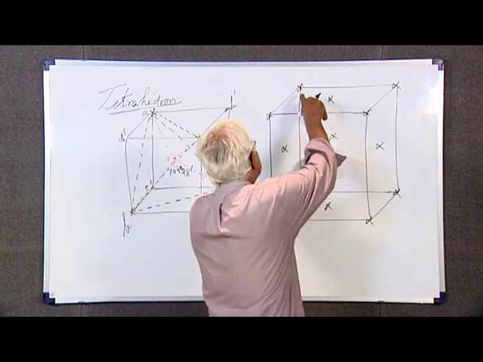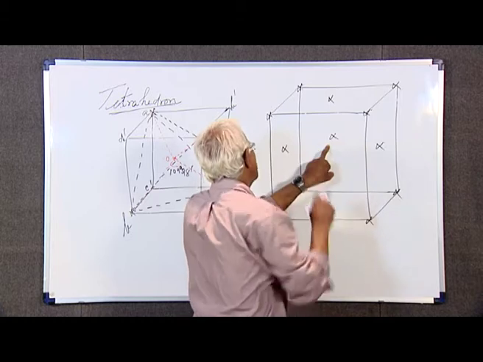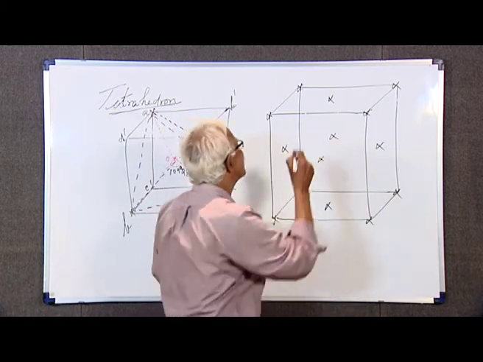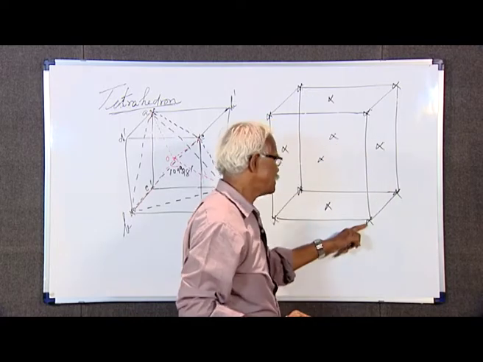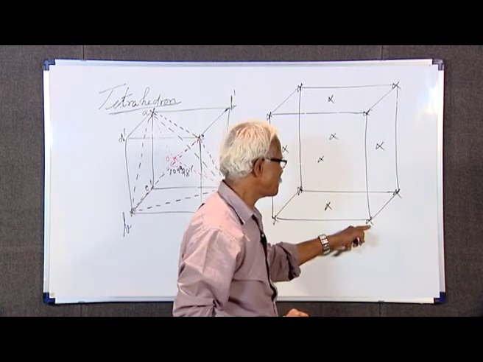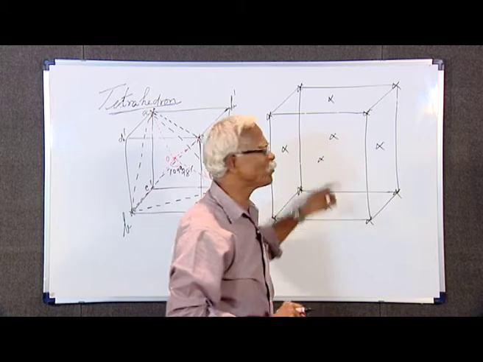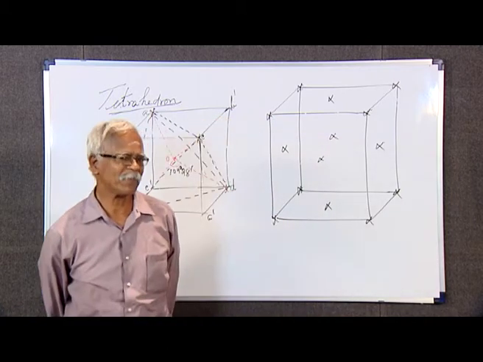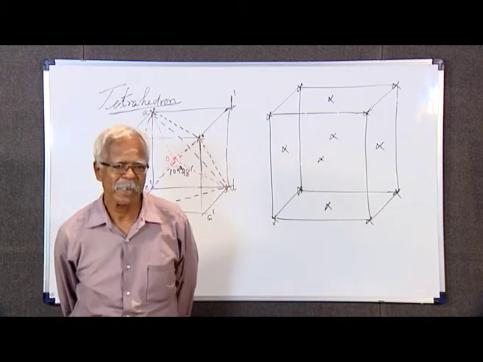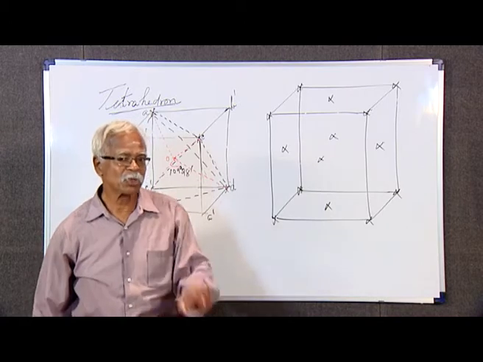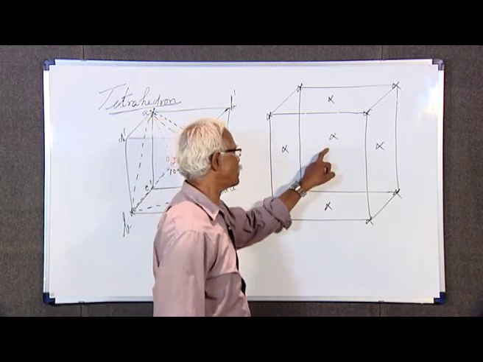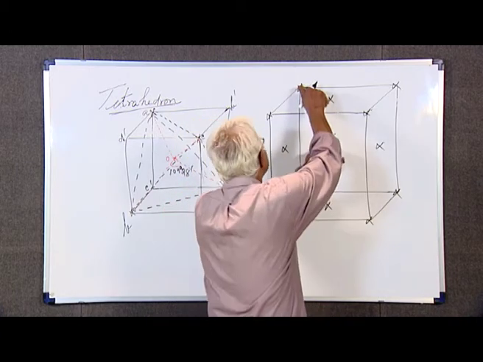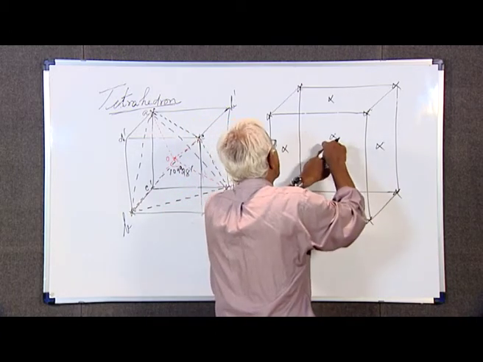If this is 0 0 0 and this is 1 1 1, then the body center is half half half, exactly midway between 0 0 0 and 1 1 1.